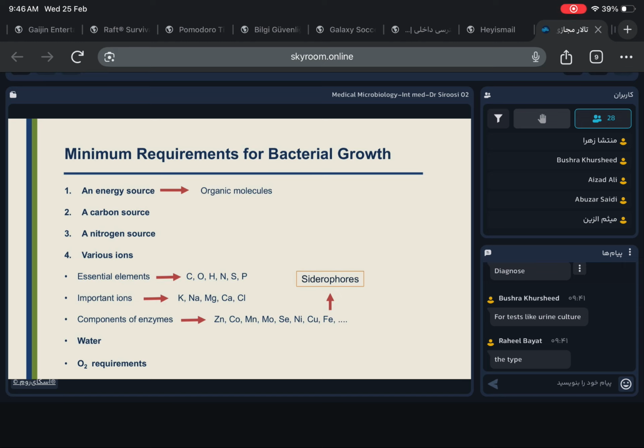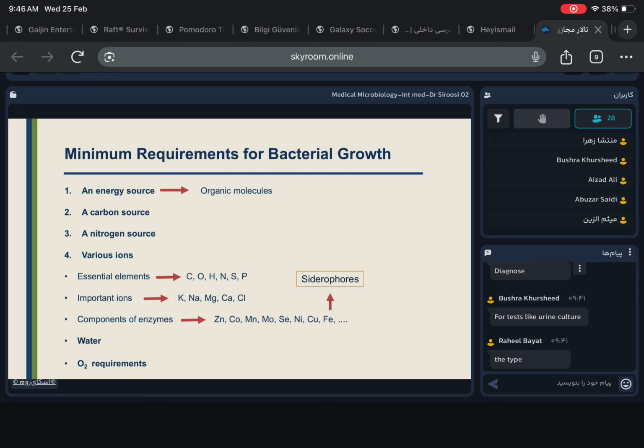When bacteria enter into the body, they know how to use our body as nutrient. But when we grow bacteria in the laboratory, we need to provide them with some requirements.